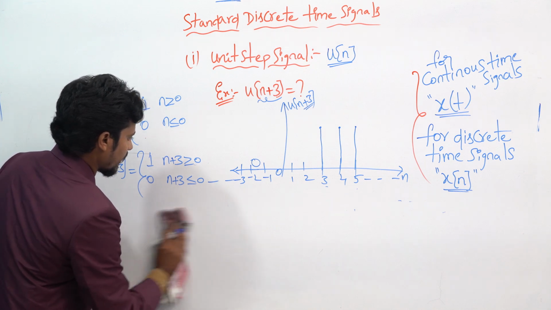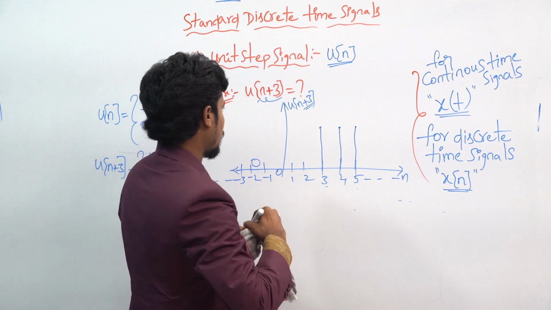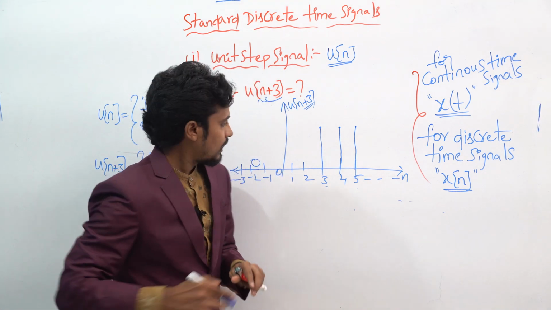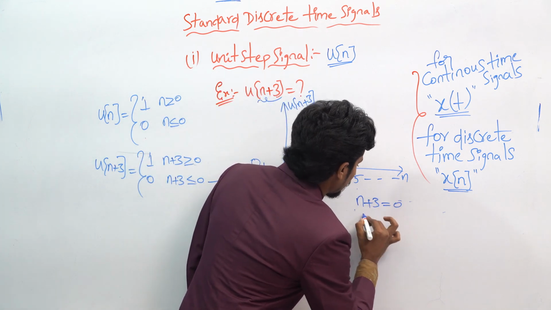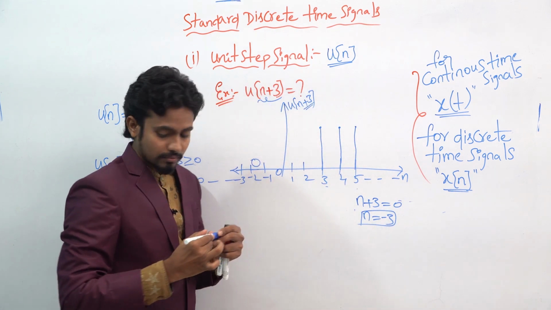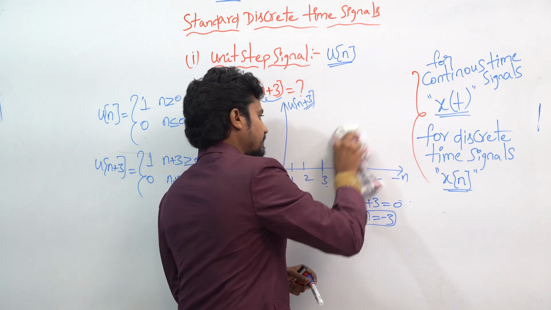Here what will happen? Let's see. First thing we have to do, take the bracket value equal to 0. That means n plus 3 equals 0. N is equal to how much? That will be minus 3. Our plot will start at minus 3.